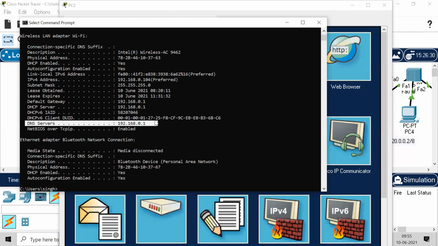It is automatically configured by the provider. Because of this, you are able to resolve the name to an IP and reach the different web servers. If you often visit a few websites, those will be cached in the memory, so every time it will not go to the actual DNS server.